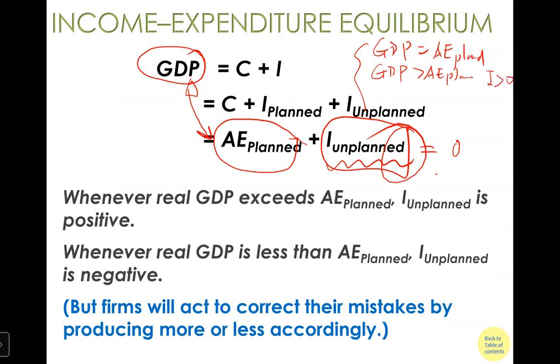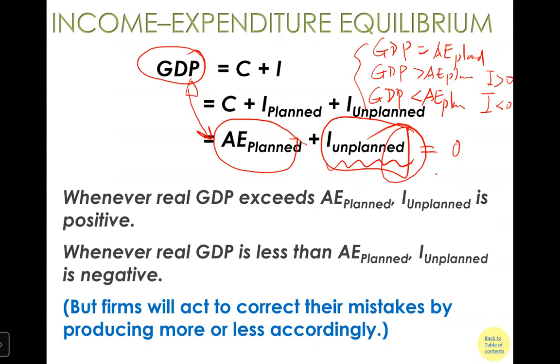You cannot sell quick enough, right? So you start to pile up your inventory. Third possibility, GDP is less than planned aggregate expenditure. So that means I unplanned is less than 0. So the demand is so strong, you cannot keep up with the demand. You lose your inventory.